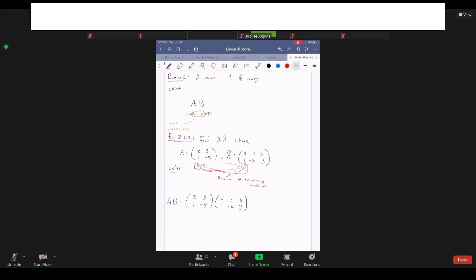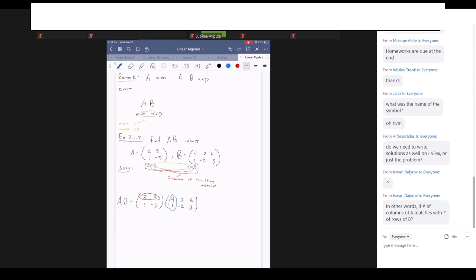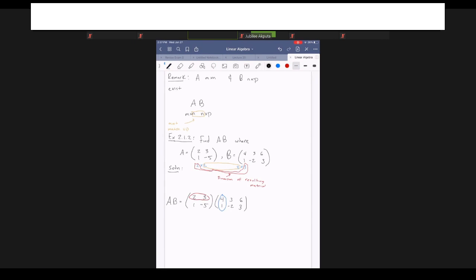Take this first row, and we dot product it with this column. What that just means is take that 2, multiply by that 4, and then add it to that 3 times that 1, right? So the first entry will be 2 times 4 plus 3 times 1. That's the first entry. All right. So what is this? That'd be 8 plus 3, which is 11, right?